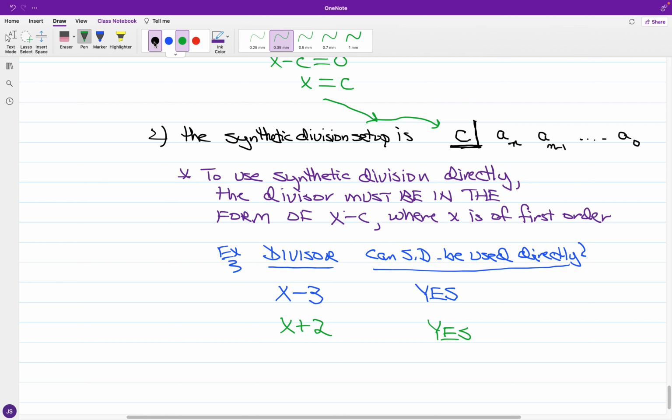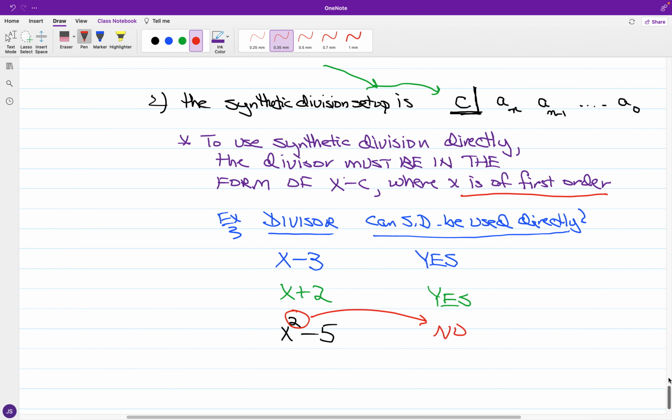And let's say I have x squared minus 5. Again, because we have second degree in x, I cannot use synthetic division directly. So you must have it where x is first order.